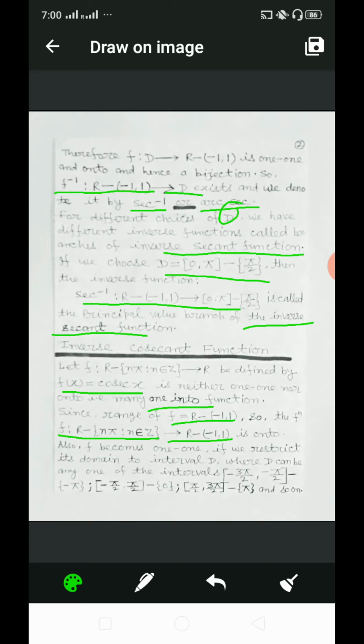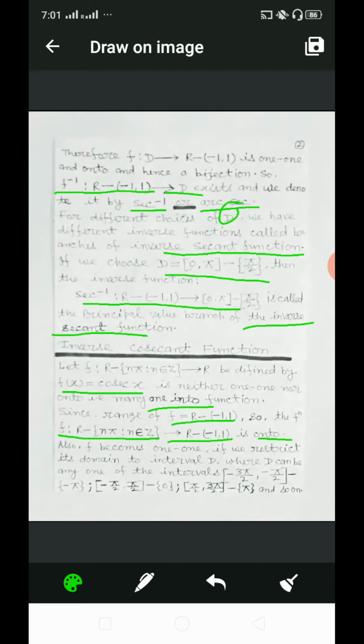At these values the cosecant function is not defined, so we subtract these values from the real numbers, that is the set R. So the cosecant function is defined from R minus nπ, where n belongs to integers, to R minus the open interval (-1, 1), which is onto.